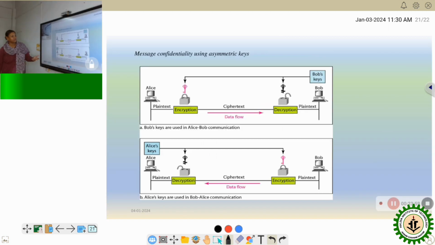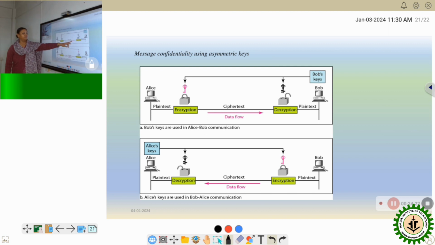But in the case of asymmetric keys, the keys are different, known as the public key and the private key. One key is used for encryption and another key is used for decryption, previously known by the 2 parties. In the first diagram, Bob's key is used in the Alice Bob communication.